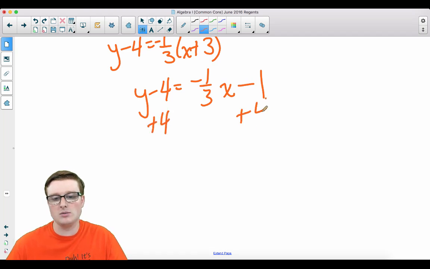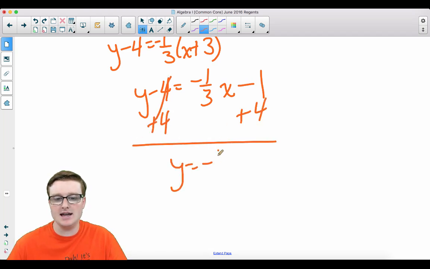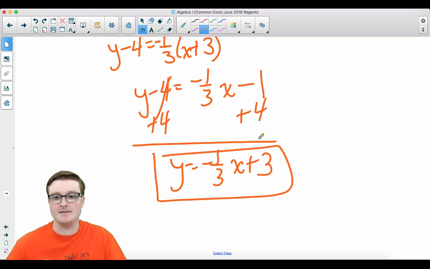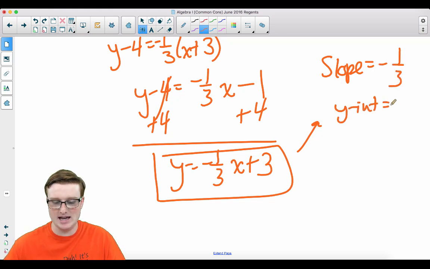Now I could add the 4 on both sides, and you get y is equal to negative 1/3 x plus 3. Look at that. Your slope is in fact negative 1/3, and your y-intercept is the point 0, 3.